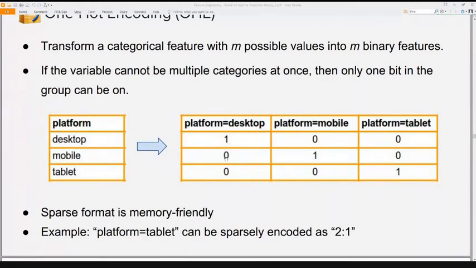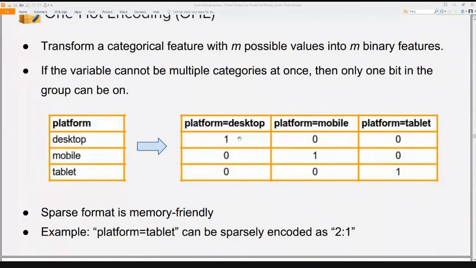If something is a desktop, it inputs 1. If something is not a desktop, it inputs 0. So in the end, if it's desktop, it becomes 1, 0, 0. If it's mobile, it becomes 0, 1, 0. If it's a tablet, it's 0, 0, 1. That becomes the representation of each categorical variable. This is one-hot encoding.